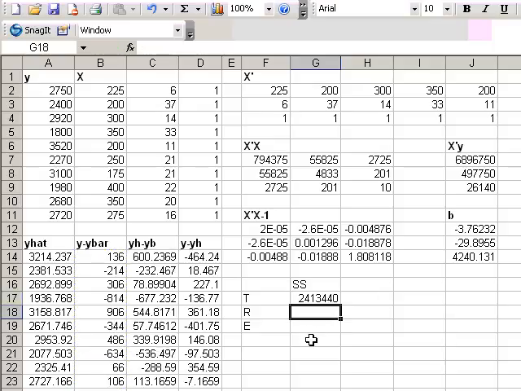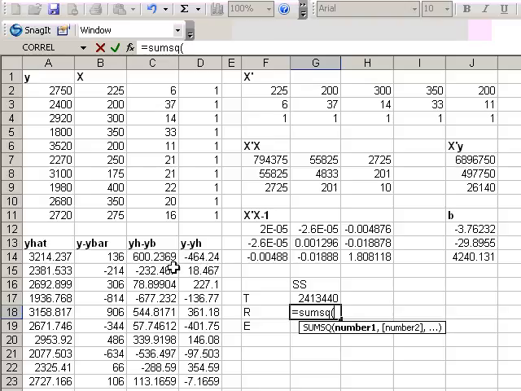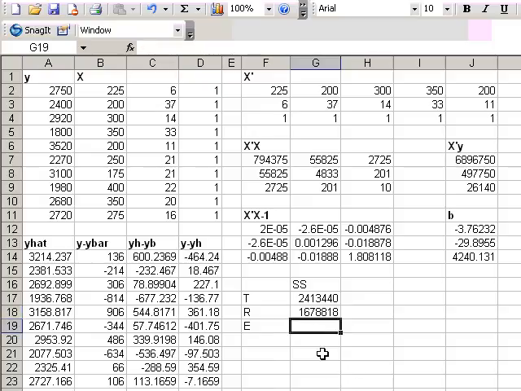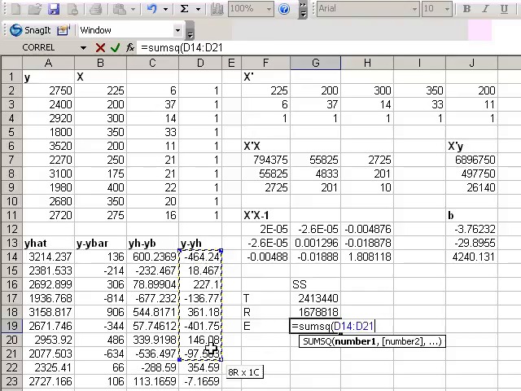The sums of squares due to regression is equal to the sums of the squares of y hat minus y bar. And finally, the sums of squares due to error is equal to the sum of the squares of y minus y hat.